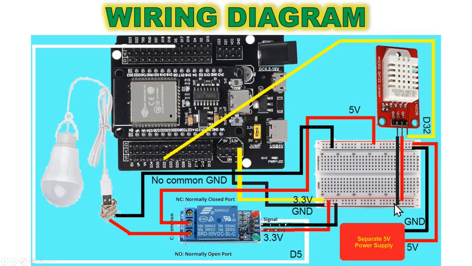The data pin, or the signal, of the DHT22 is connected to the digital pin number 32 of the ESP32 expansion board.